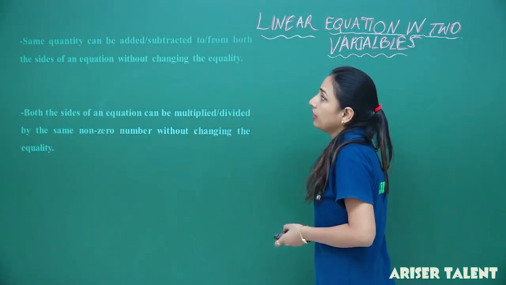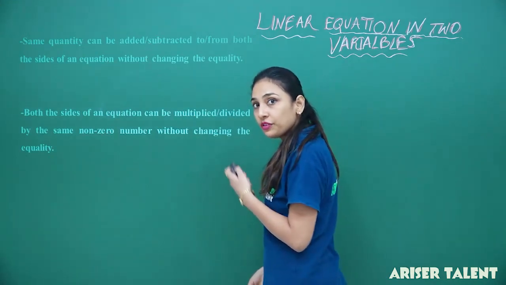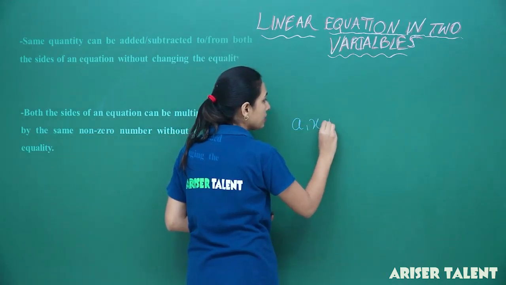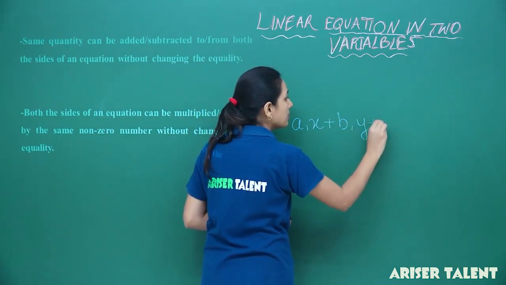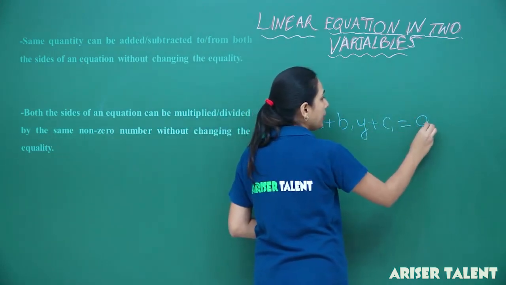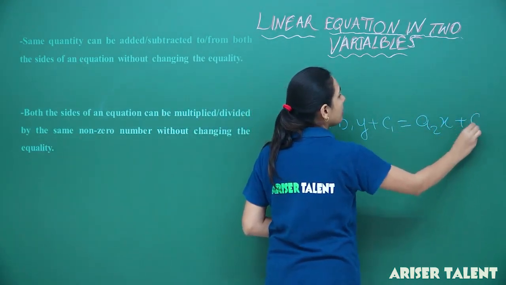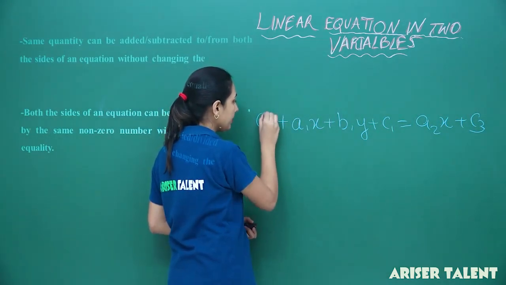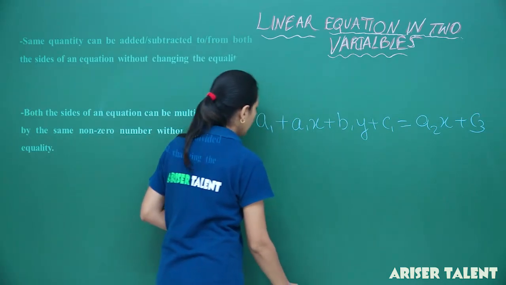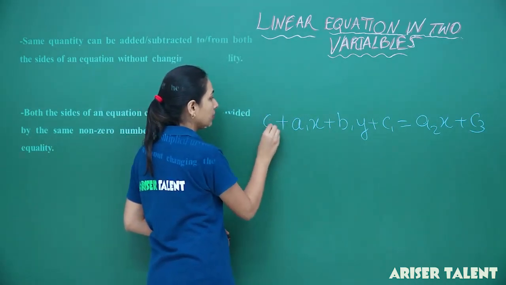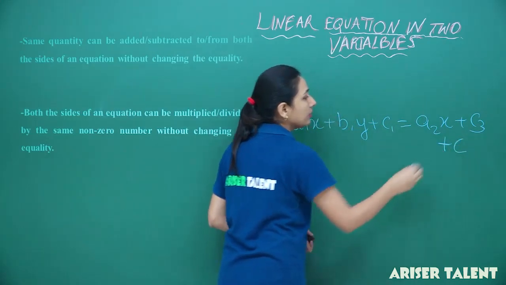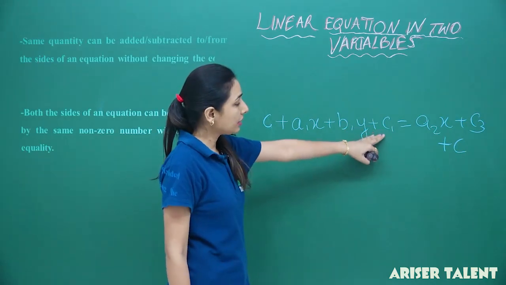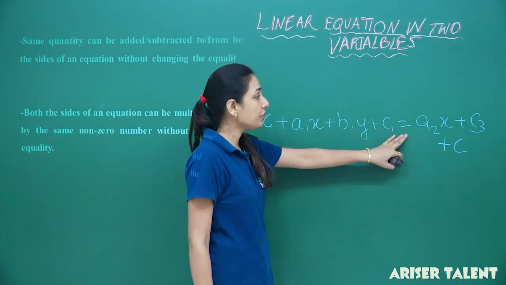Here, the same quantity can be added. We have understood that if we have a1x plus b1y plus c1 equals a2x plus b2y plus c2, something like that, and if I add any constant c on both sides, this equation will not change.